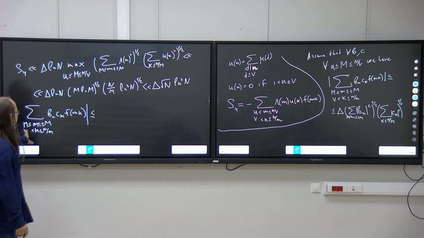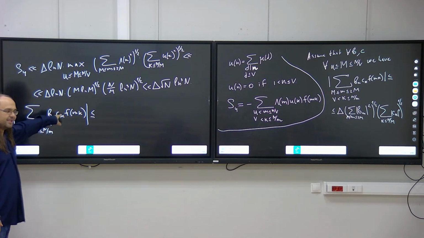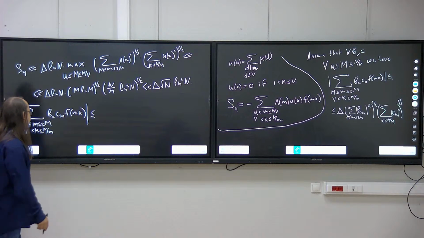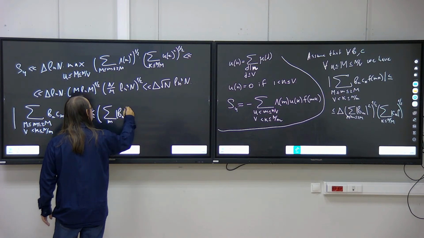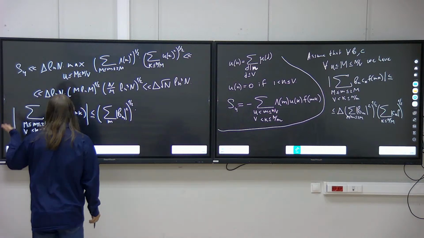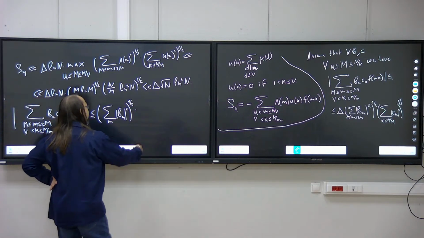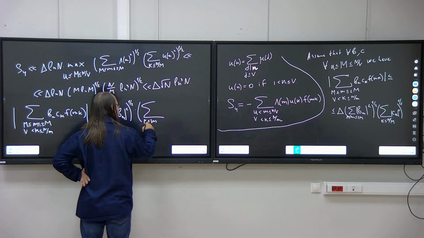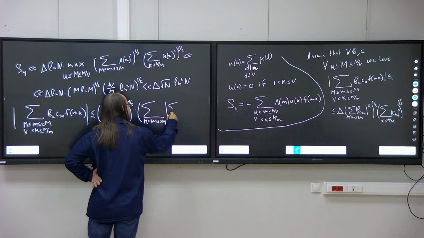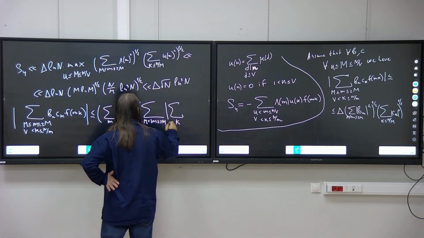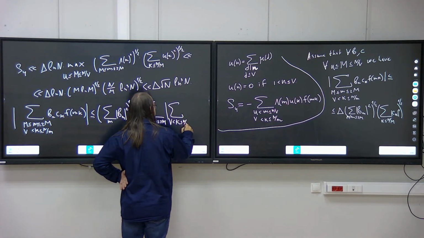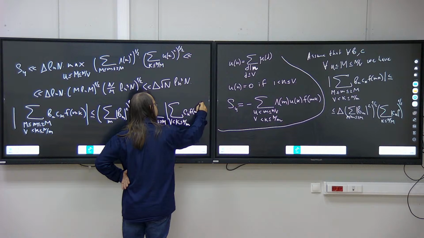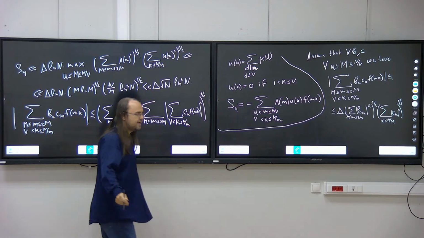Let's look at this sum as a sum of BM multiplied by some function of M. So this is at most the sum over M, I will not write the interval, of BM squared to the power 1/2, multiplied by the following funny sum: the sum over all M between M and 2M of the sum over all K between V and N over M of CK F of MK, squared, to the power 1/2.